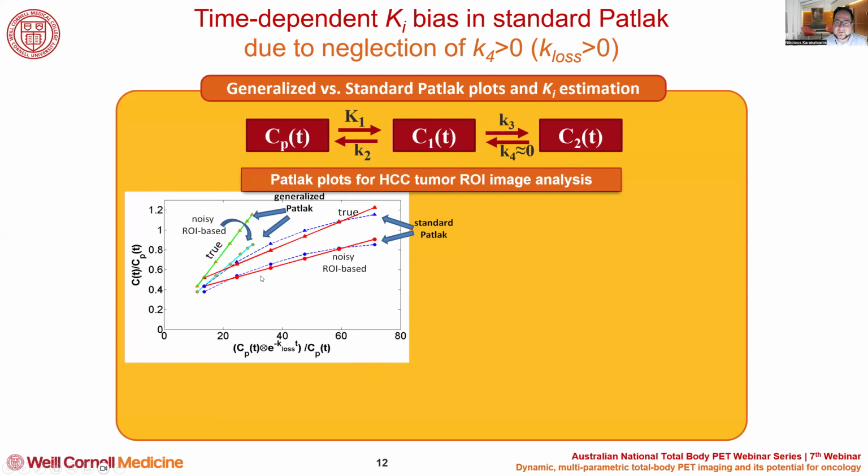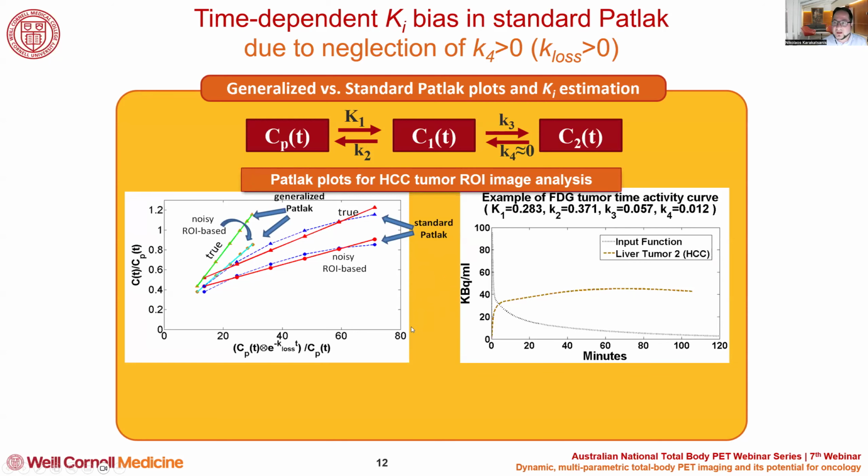So this was based on simulations that were designed based on real kinetic parameter values that we have obtained from human scans. And you can see the impact of the generalized Patlak analysis versus the standard Patlak in restoring the true value of the Ki parameters and the blood distribution parameters. And here is an example of reported literature from the past where they have actually reported significantly high k4 values even for FDG.